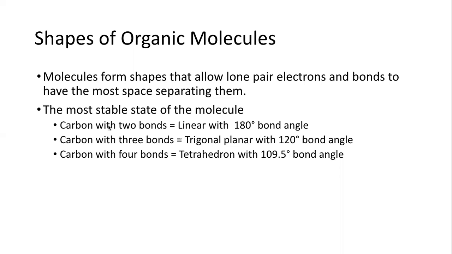So a carbon with 2 bonds forms a linear structure, which is a 180-degree bond angle. A carbon with 3 bonds forms a trigonal planar with a 120-degree bond angle, and a carbon with 4 bonds forms our tetrahedron structure with a 109.5-degree bond angle.